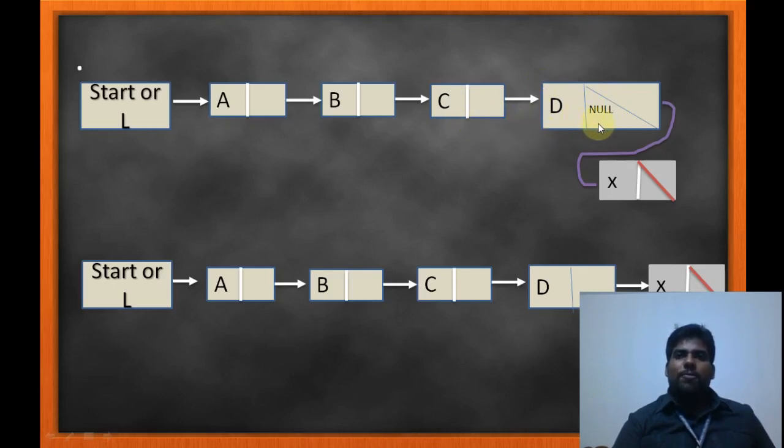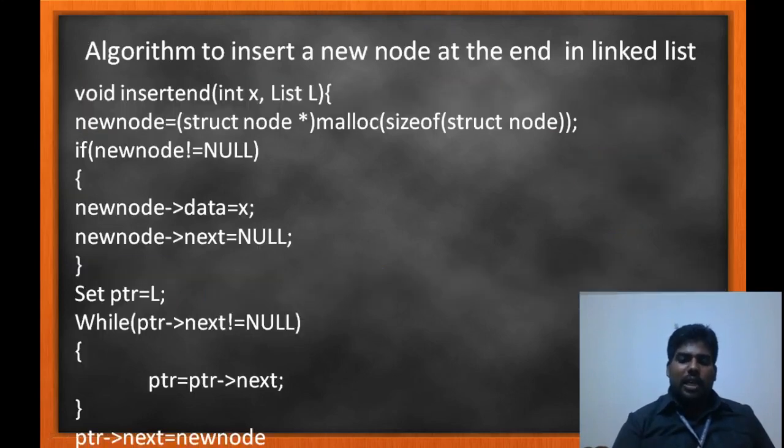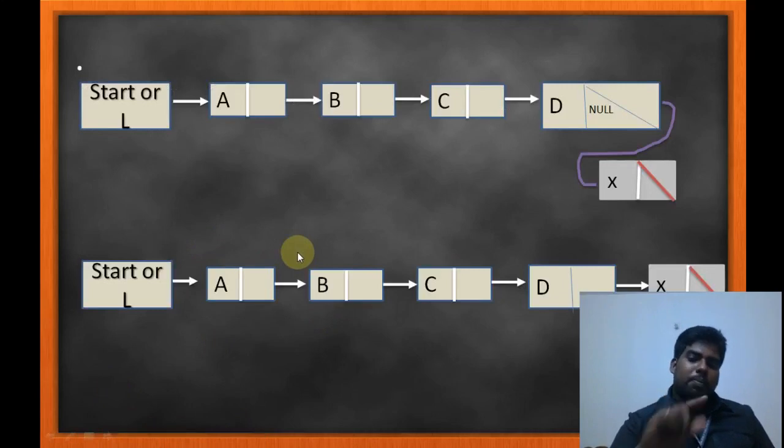Once it comes here, it will be false, so the loop will be terminated. Then ptr next means this place, and you are adding X here. The next was already initialized as null. See here, ptr next equal to new node. New node next was already initialized as null. So at the end point, you are adding the new node.